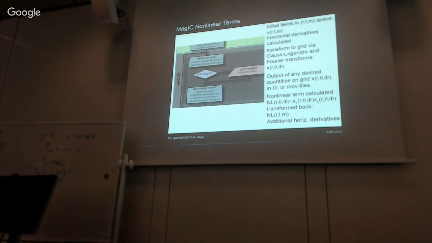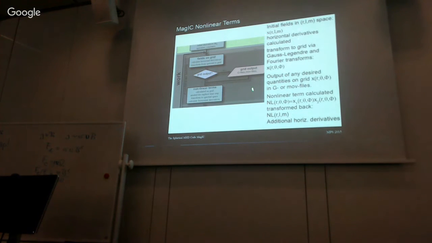You have a spherical harmonic representation of your unknowns at a given radius, with degree L and order M. But sometimes we want output on a physical grid, if you want to display something, right? Your solution, you want to know what it is at any given point, and then you can make a nice 3D plot. And luckily, we have a transform in MagIC which does that anyway.